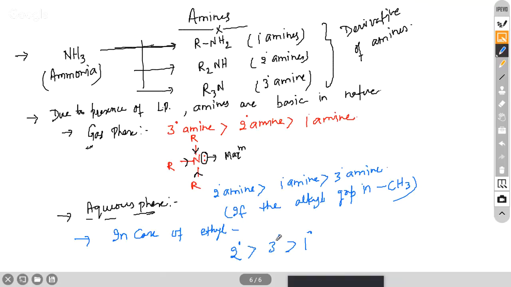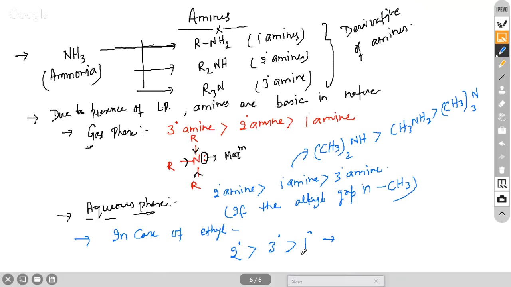I'll tell you. Okay, so in this example also, write down the alkyl group. In case of methyl, the order is (CH3)2NH, then CH3NH2, and then (CH3)3N.